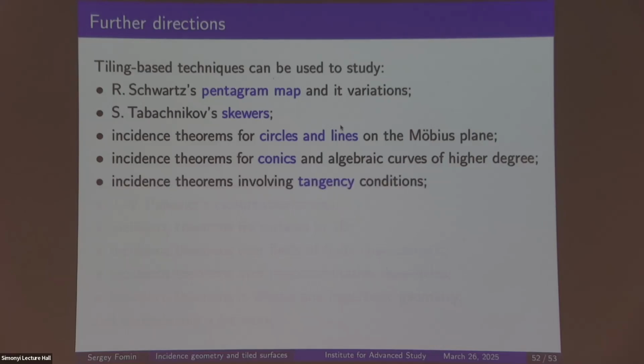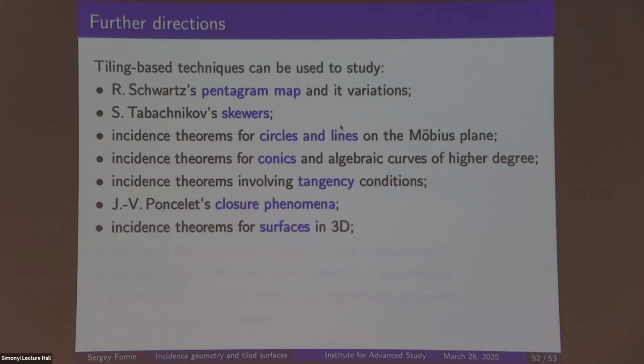Incidence theorems involving tangency conditions, we haven't yet been able. No, actually, we know how to prove a famous theorem of Poncelet using this technology. Closure phenomena, many other versions of Poncelet's closure porisms.